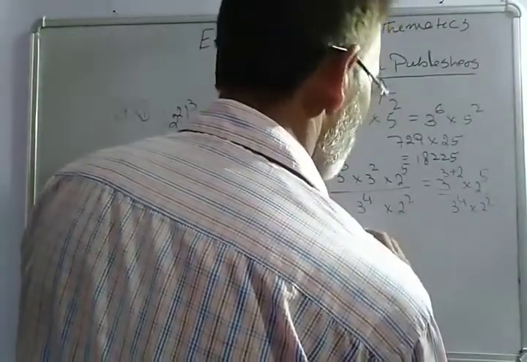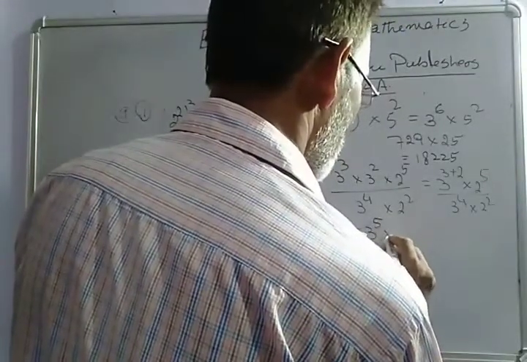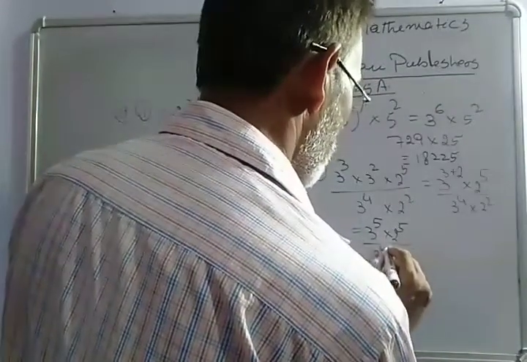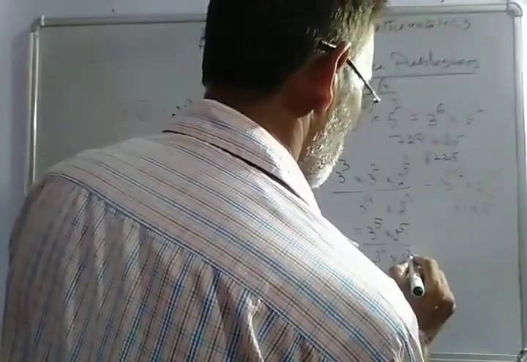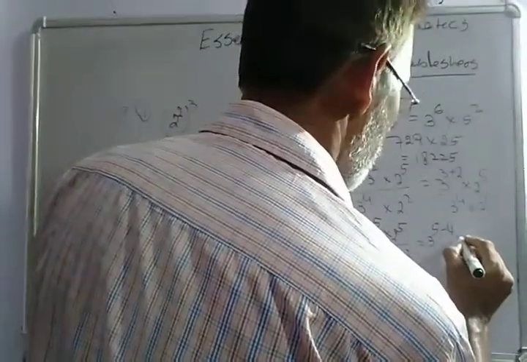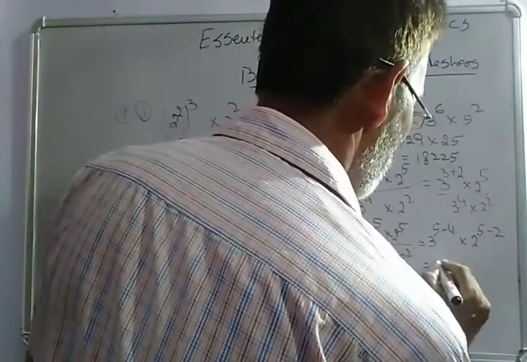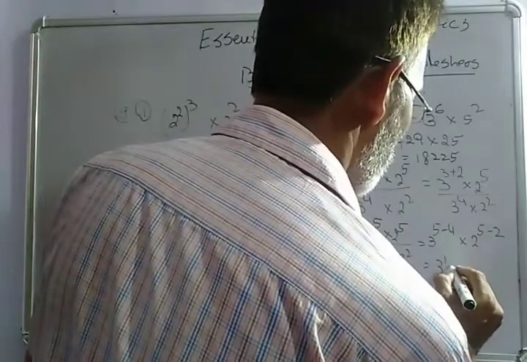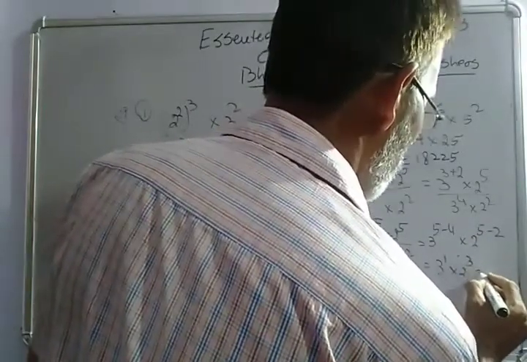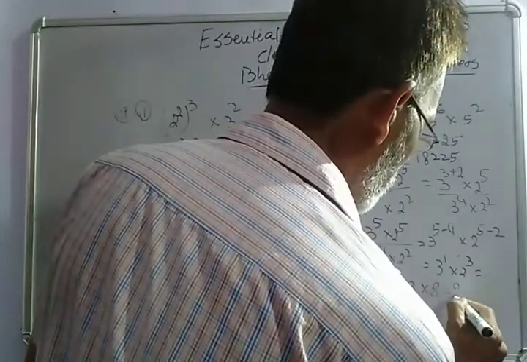So this is equal to 3 to the power 3 plus 2 into 2 to the power 5 by 3 to the power 4 into 2 to the power 2. So this is equal to 3 to the power 5 into 2 to the power 5 by 3 to the power 4 into 2 to the power 2. So this is equal to 3 to the power 5 minus 4 into 2 to the power 5 minus 2. So this is equal to 3 to the power 1 into 2 to the power 3. This is equal to 3 into 8, which is equal to 24.